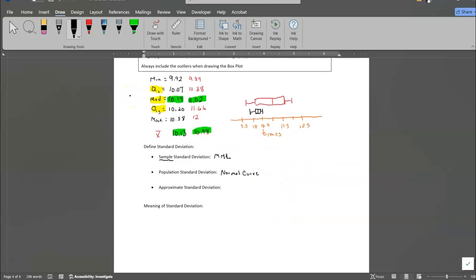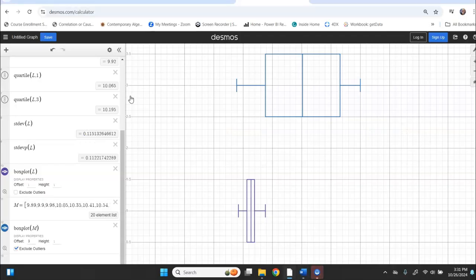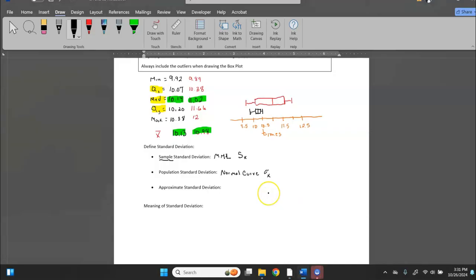So this is SX in the calculator, and when we typed it into Desmos, you recall it was STDEV, or STDEVP. These are also some of the ones that Excel uses.